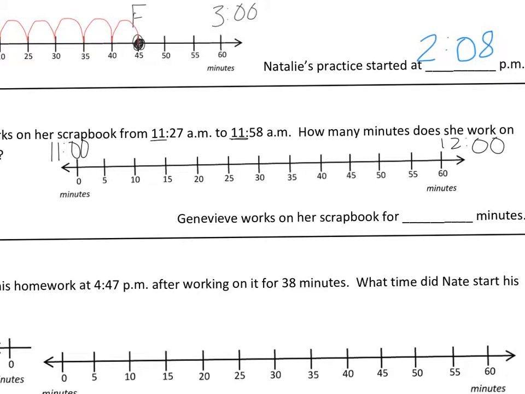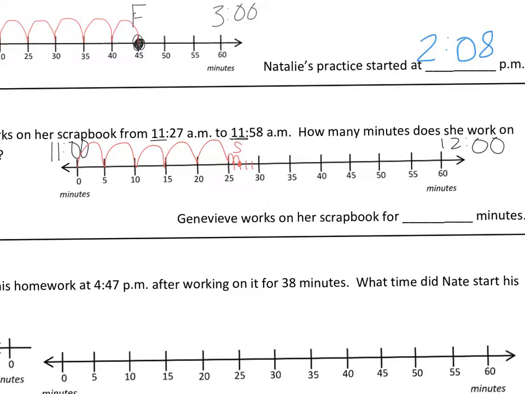All right, 11:27. So to get to 27, I know that I have to go 5, 10, 15, 20, 25, 26, 27. So 27 is right here. And that's when she starts scrapbooking. 58 is my next one.